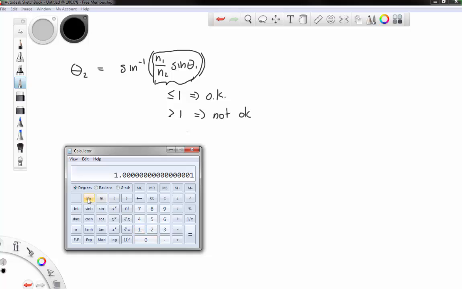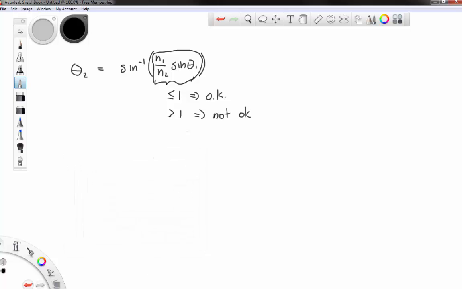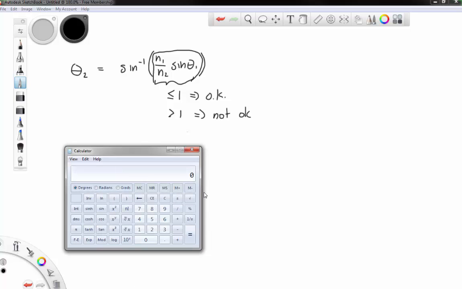Let's try the inverse sine of that. What do you think we're going to get? Oh, invalid input. So still not okay. Gotta restart the calculator each time that it does that. Alright, what if we put in 1 and we take the inverse sine of that? Oh, we got a number back, 90 degrees.